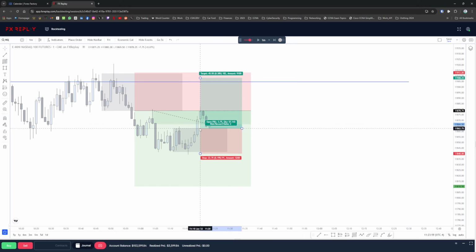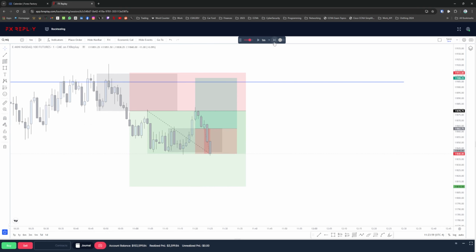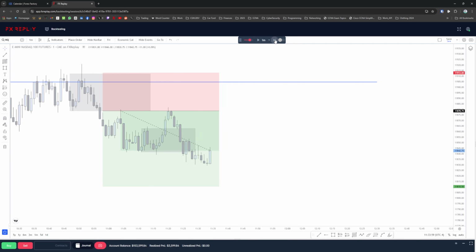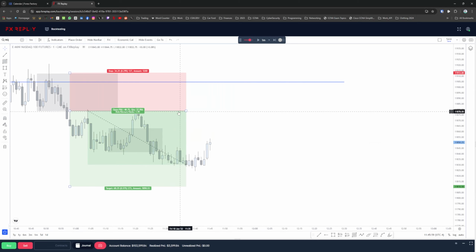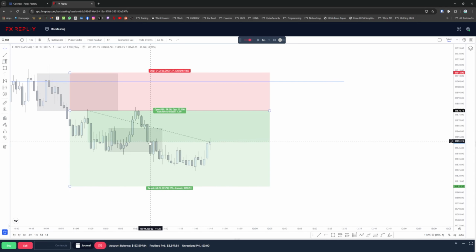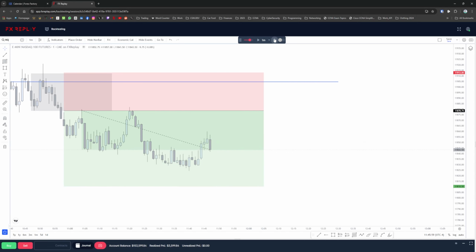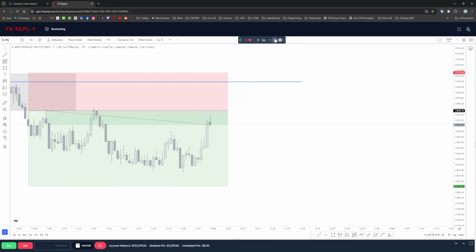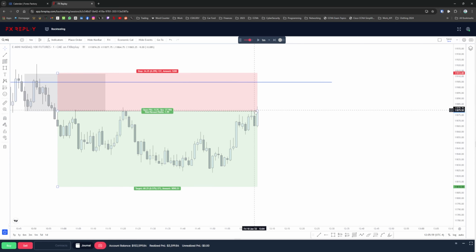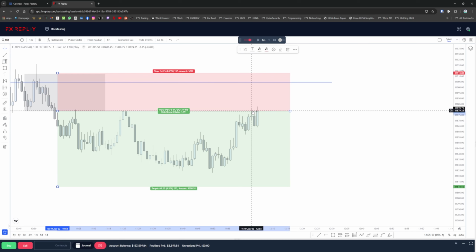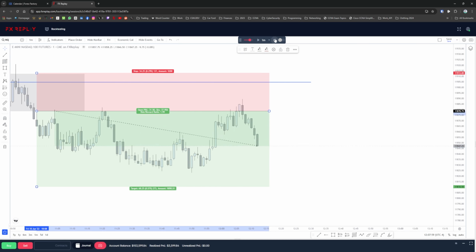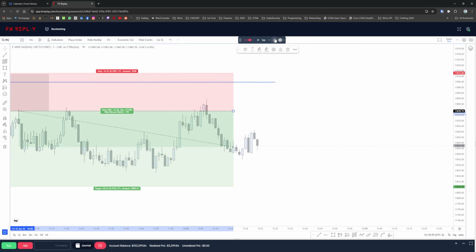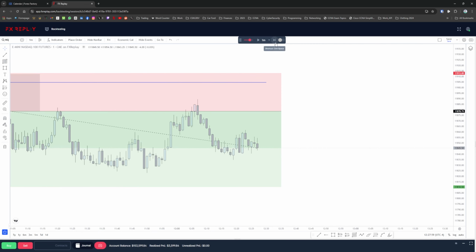So you would have got tapped in here. This would have got straight stop loss. You're still in this short trade. If you haven't moved to break even now, you definitely got break even. Jeez.